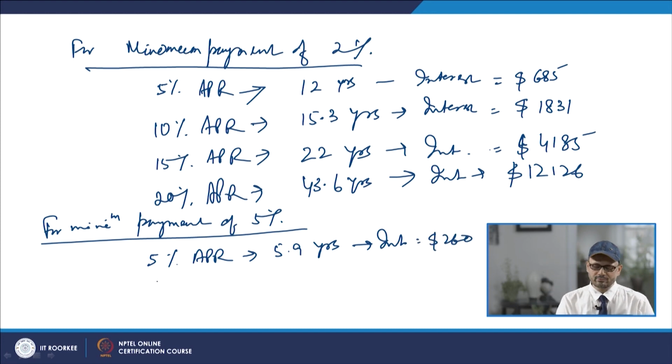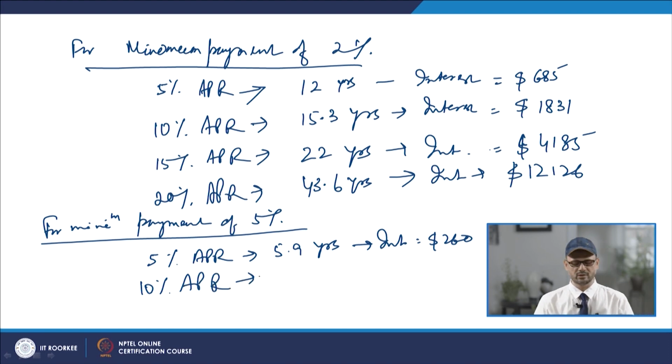Similarly, for 10% APR, if you go for the minimum of 5%, that is you are paying $300 every month, it will take 6.4 years, and the interest charge will be $570.